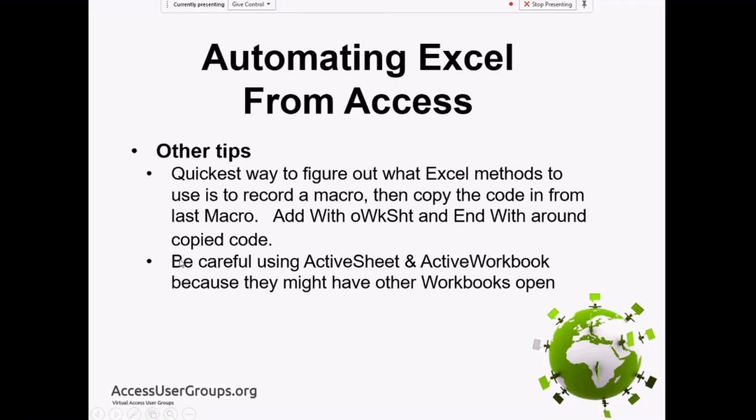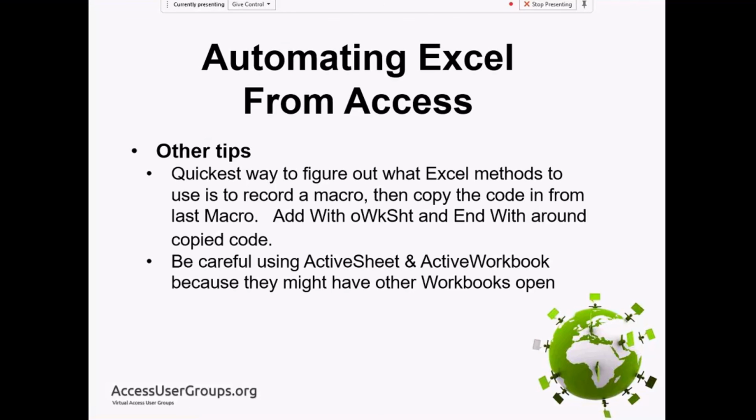Do be very careful about using the Excel ActiveSheet and ActiveWorkbook. I just find it a lot safer to make specific variables and point to them, set them to whatever worksheet by name or workbook by name that you want, and use those references.